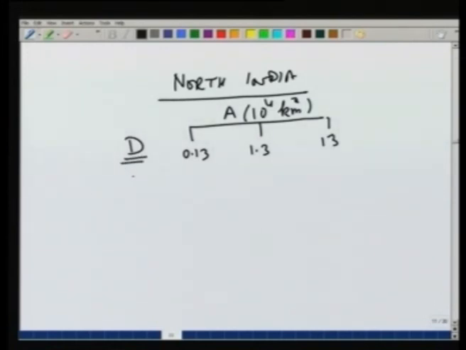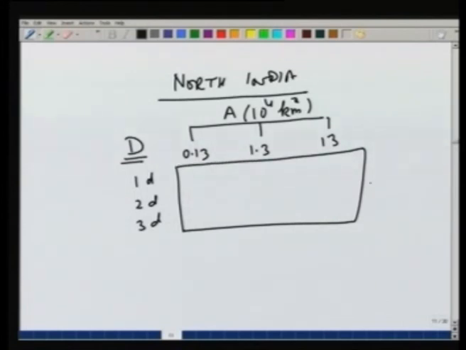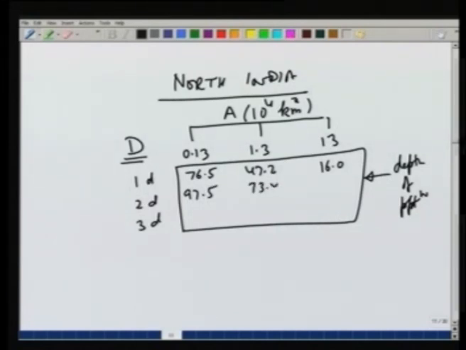The duration is 1 day, 2 day and 3 day, and this table shows the depth of precipitation, and the values which are given are 76.5, 47.2, 16.0, 97.5, 73.4 to 7.9.